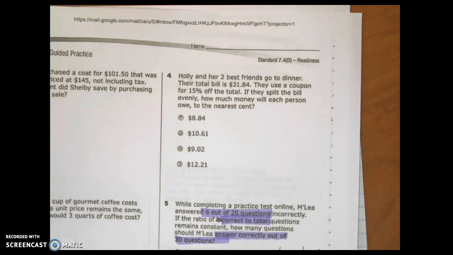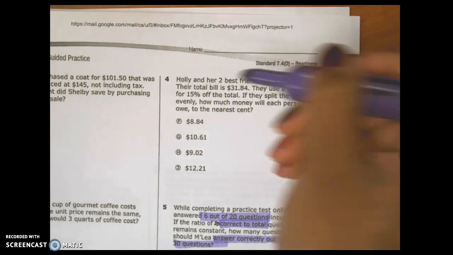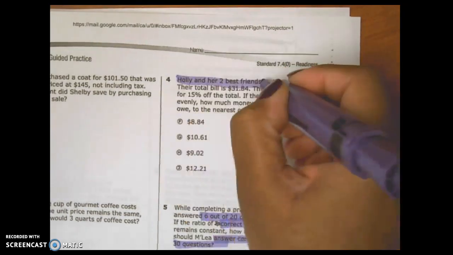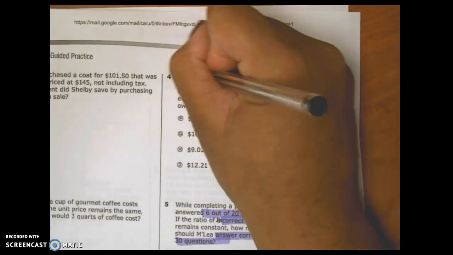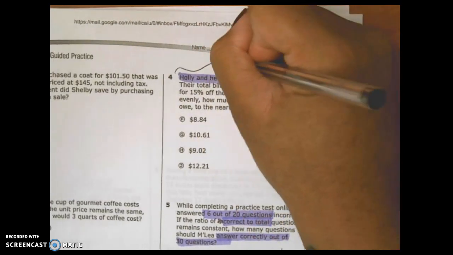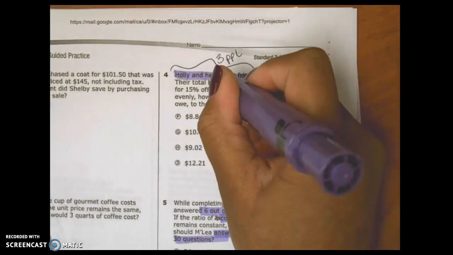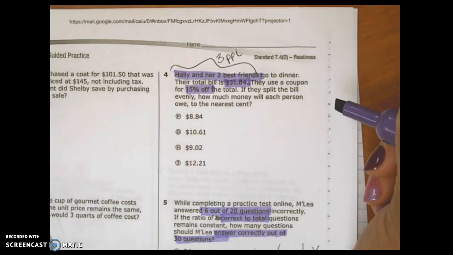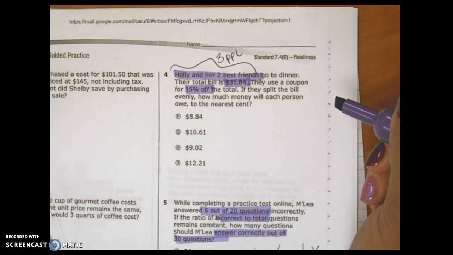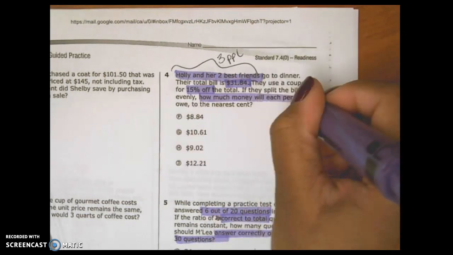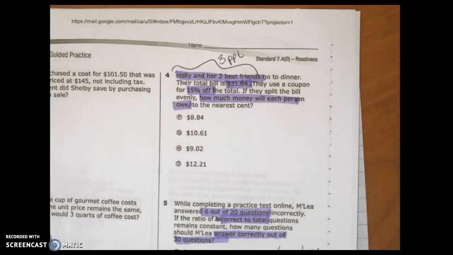Back up to Holly and her 2 best friends. Sorry, I switched papers. 3 people. The total is $31.84, 15% off. How much will each person owe? All right.